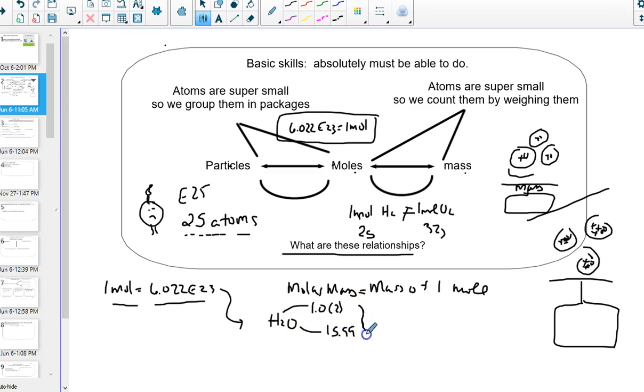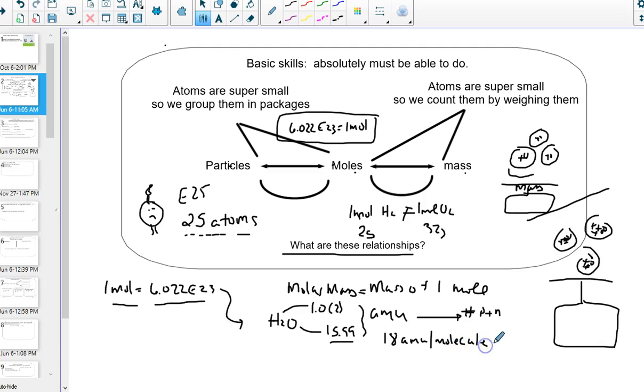In strict AMUs, the number is on average protons plus neutrons. Okay, it's the weight of that whole thing. So together, I'm going to round that to 16. 16 plus 2 is 18 AMUs per molecule.